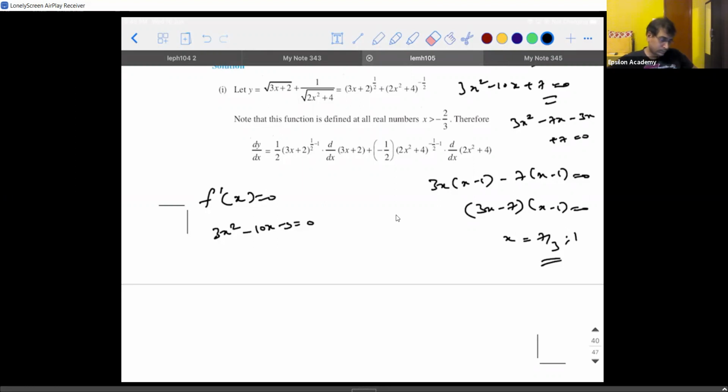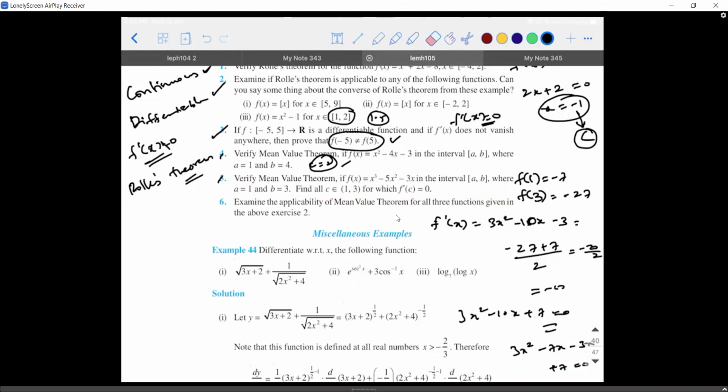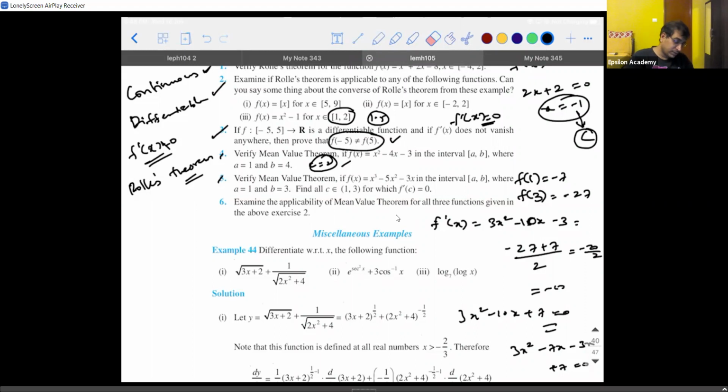So first of all, why are we doing it? Find all C values which belong to 1, 3 for which f dash of C is equal to 0. First of all, is f of A equal to f of B for Rolle's theorem to be validated? I'm asking the second part of the question. They are saying find all values of C that belong to 1, 3 for which f dash of C is equal to 0. This has something to do with Rolle's theorem.